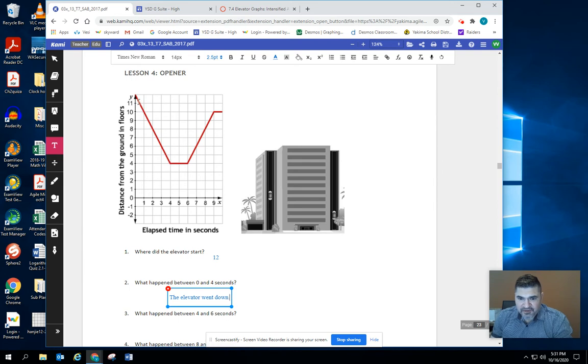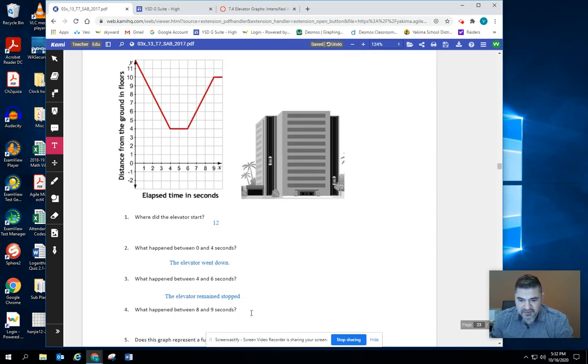So our elevator is going down, and then here it stops at floor 4, and it stays here for a couple of seconds. So what happened between 4 and 6 seconds? We'll put that the elevator remained stopped.